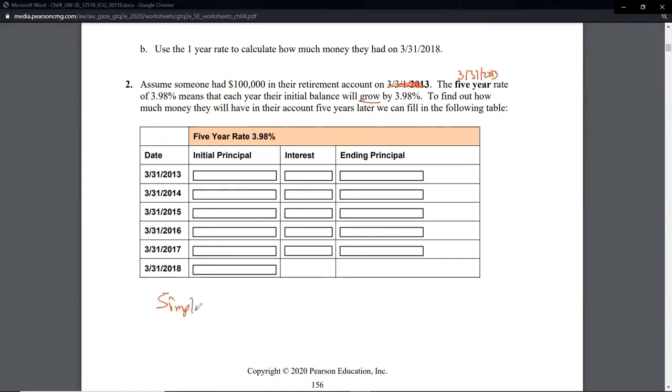simple interest. We have talked about the idea of simple interest, where the amount of interest you earn is the principal times the rate times the amount of time, but we're going to only look at this over 1 year.